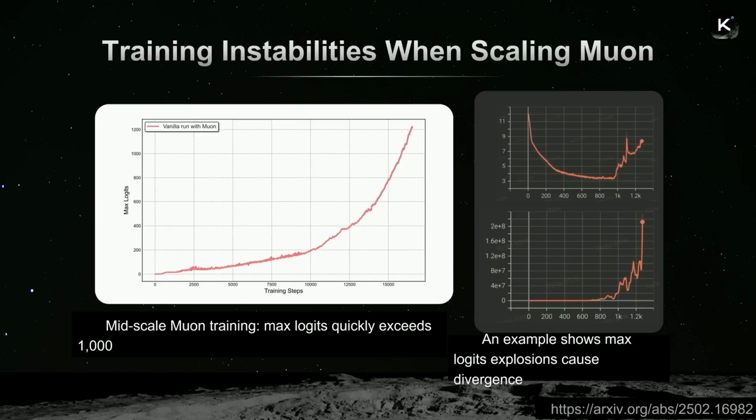But for Muon, it quickly exceeds 1,000. At the same time, we observe training divergence. If you look at the training loss, it goes down a bit, but at the end of the day it explodes and cannot converge as expected. So this is one of the technical challenges that we have to address.